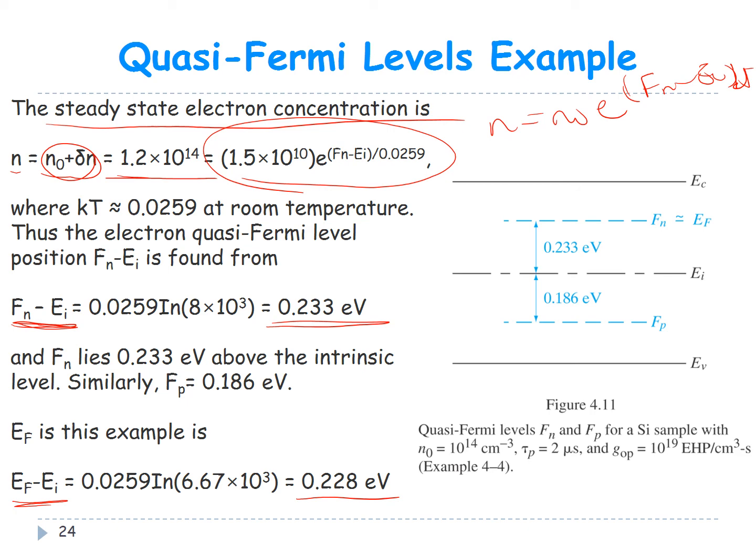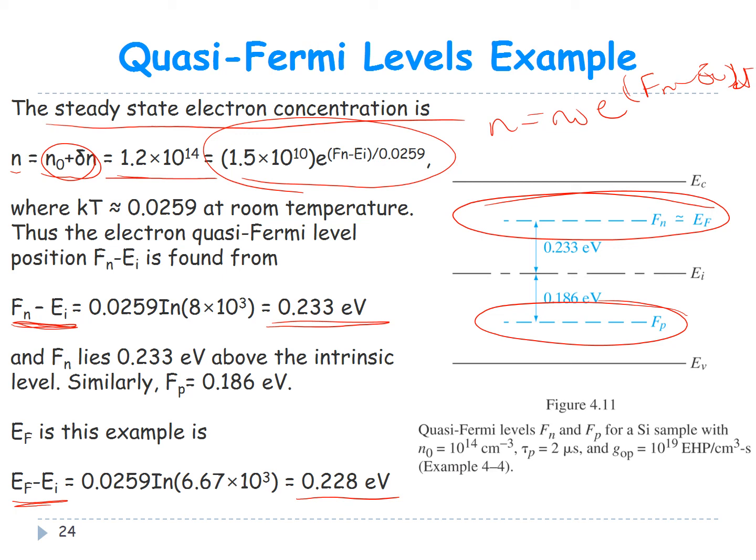So what we can see from here is that for an n-type semiconductor, it's very clear that the quasi-Fermi level of the majority carriers is very close to the equilibrium Fermi level, whereas the quasi-Fermi level of the minority carriers is very different from the equilibrium Fermi level.